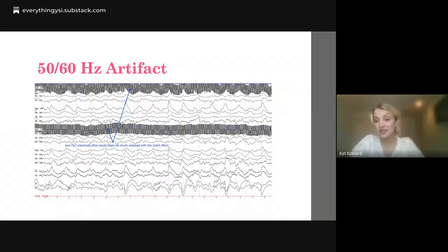Notice how regular and repetitive this artifact is in comparison to the muscle artifact we saw earlier. Recognizing this helps troubleshoot the recording. You can unplug things that aren't necessary, and sometimes it gets rid of it. There's also what we call a notch filter that filters out the 60 hertz frequency, and so it would disappear.